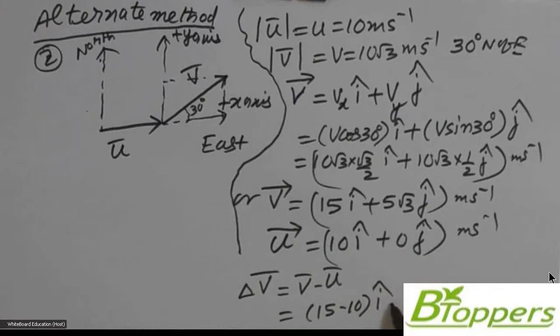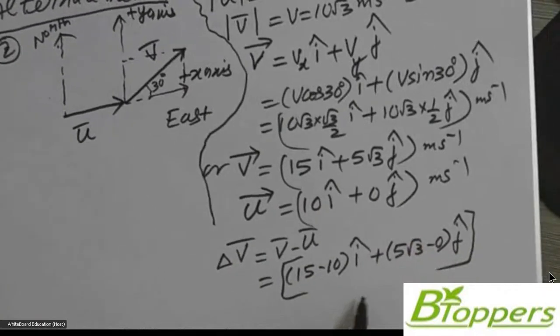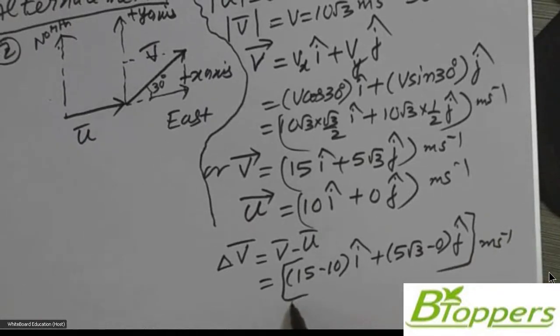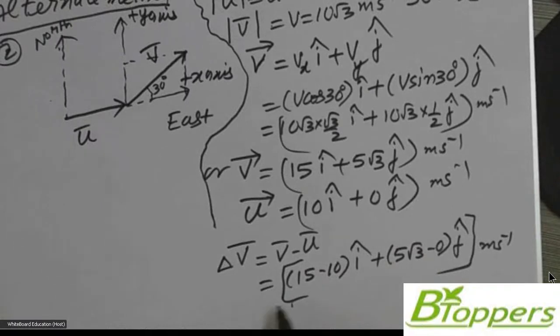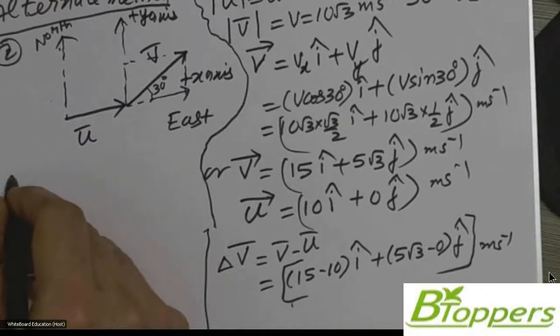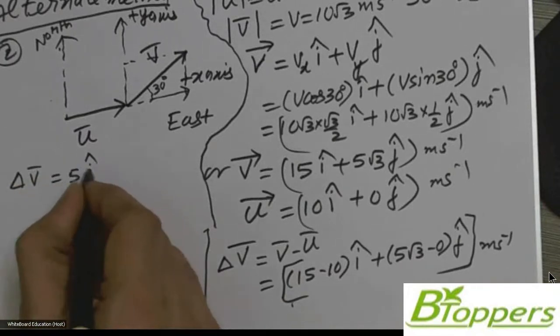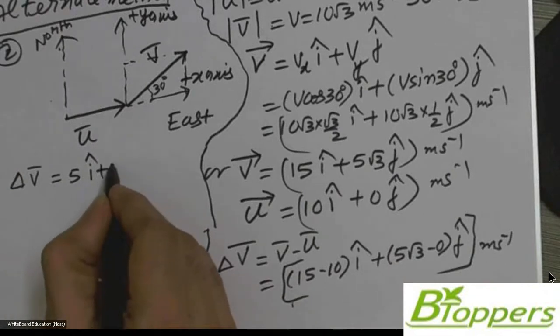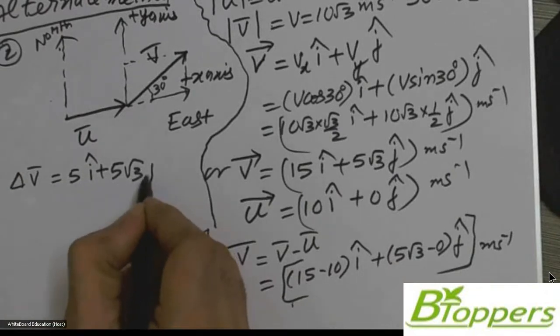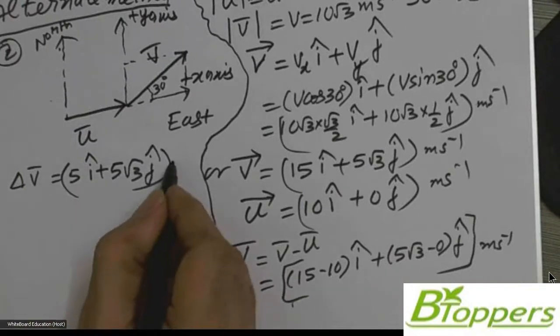Next, you take the difference of j components. 5 root 3 minus 0 into j cap meter per second. So you get delta v bar equal to 5 i cap plus 5 root 3 j cap meter per second.